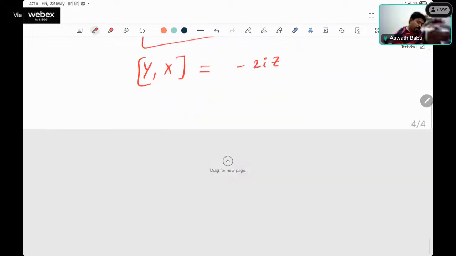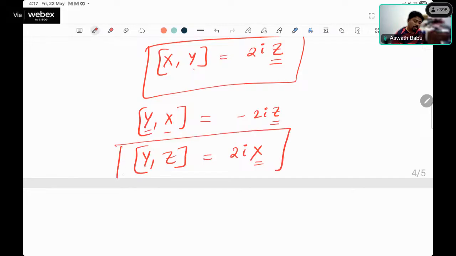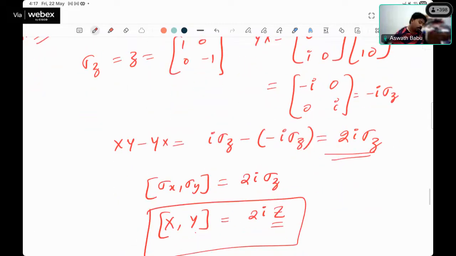Even you can check y comma z, which is going to be 2i into x. So cyclic. If you go xy, you will get z. You go yx, you get minus z. You are going in reverse order. Yz is in increasing order, so you will get x. You can cross check that. Okay, right? So this is a commutator relation. What is a commutator relation?